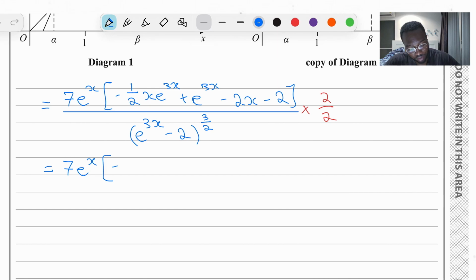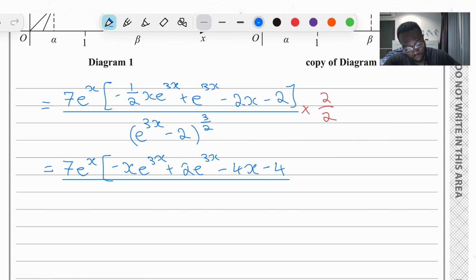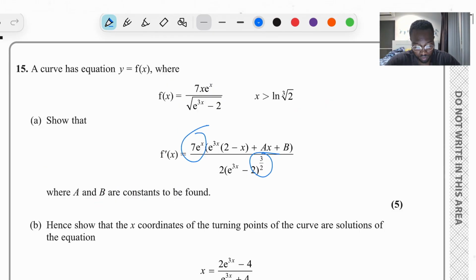So we get a minus x e to the 3x plus a 2e to the 3x minus a 4x minus a 4. And then that is over the 2e to the 3x minus 2 to the power of 3 over 2.